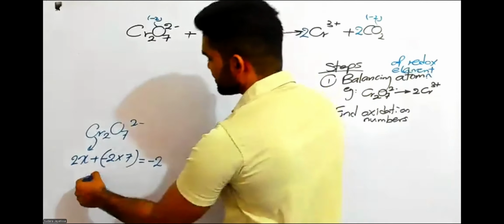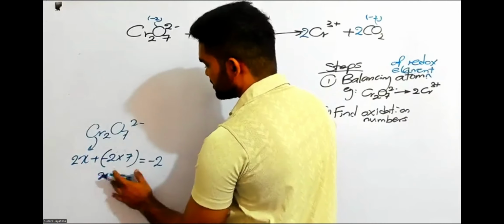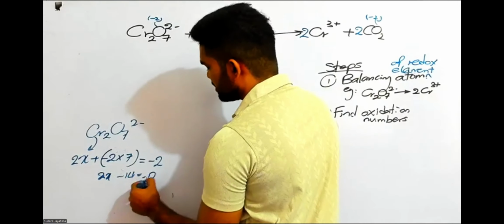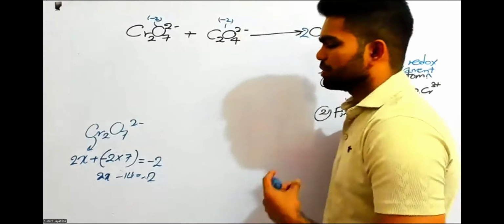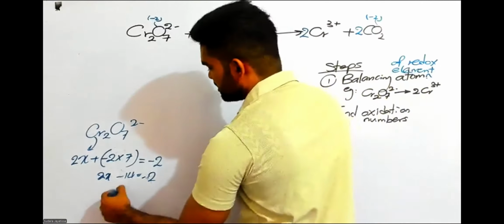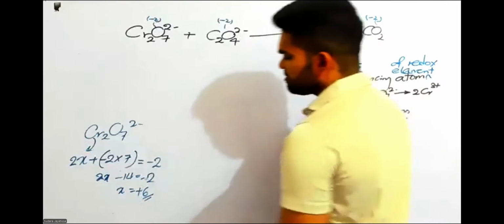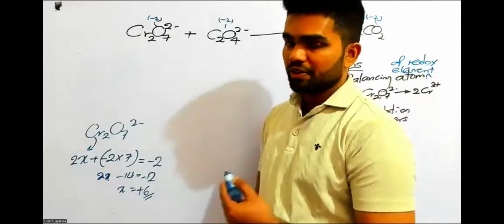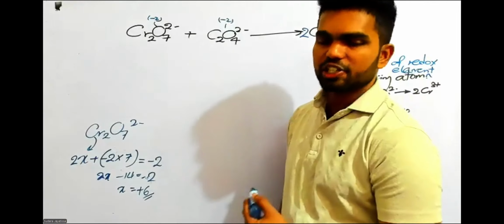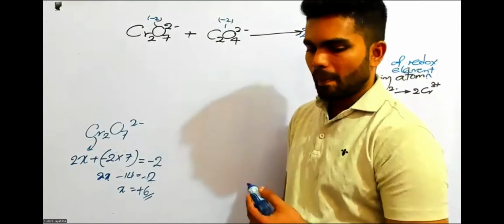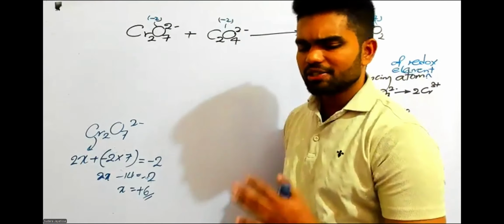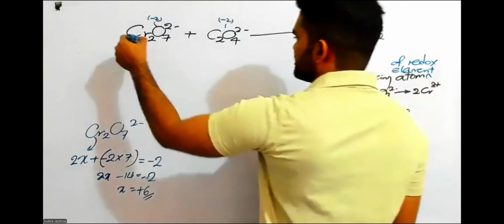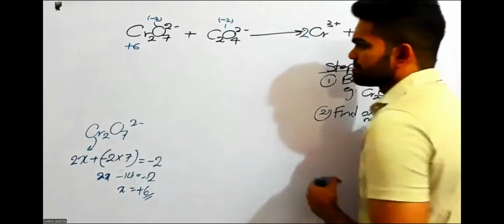Then simplify: 2x minus 14 equals -2. If you move 14 to the right side, it simplifies to +12, and x will be +6. This is what we call the mathematical method. Without the structure, you can find this oxidation number. It's actually an average oxidation number. It doesn't matter for this balancing, just get it. I hope you all remember how to do it. So here the oxidation number is +6, right?